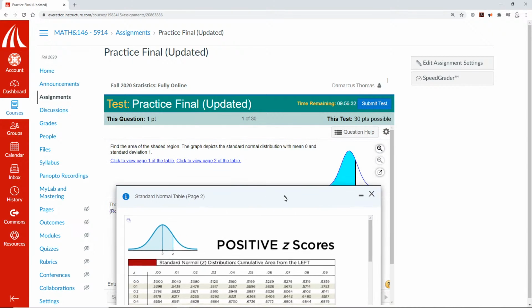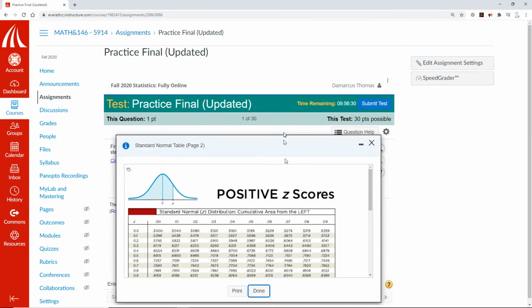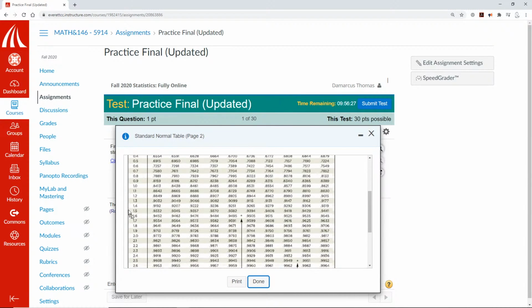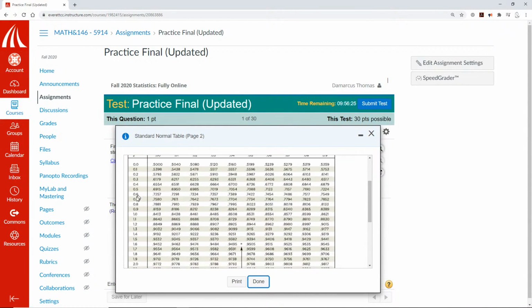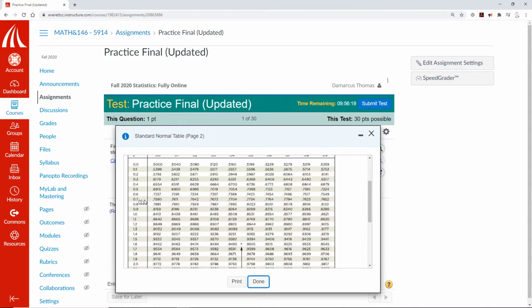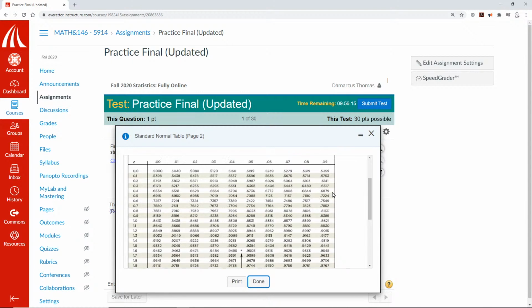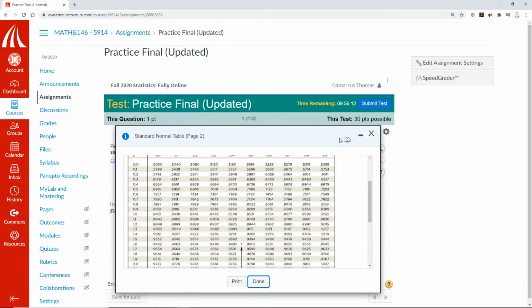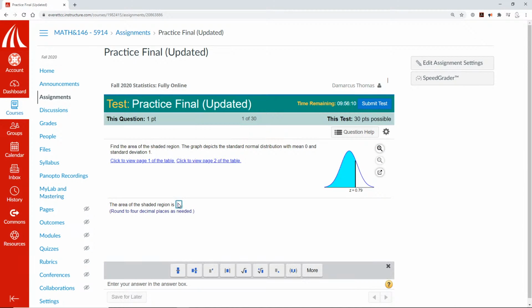Now, our z-score was given to be 0.79, so I have to go to the 7/10 and 9/100. So it's actually going to be this row and the very last column, 0.7852. And that should be my answer.